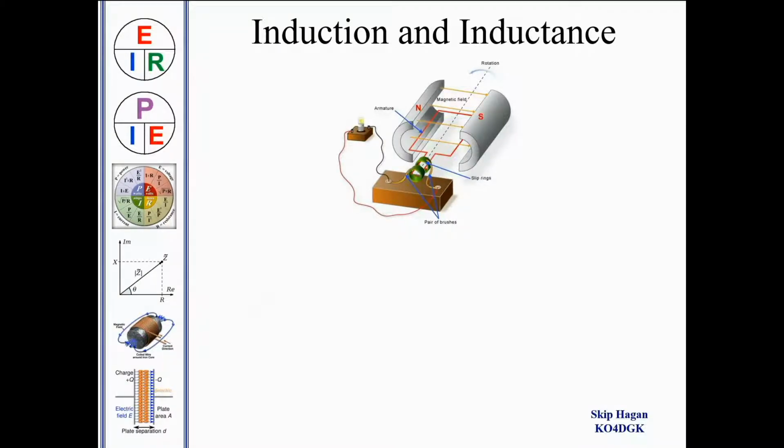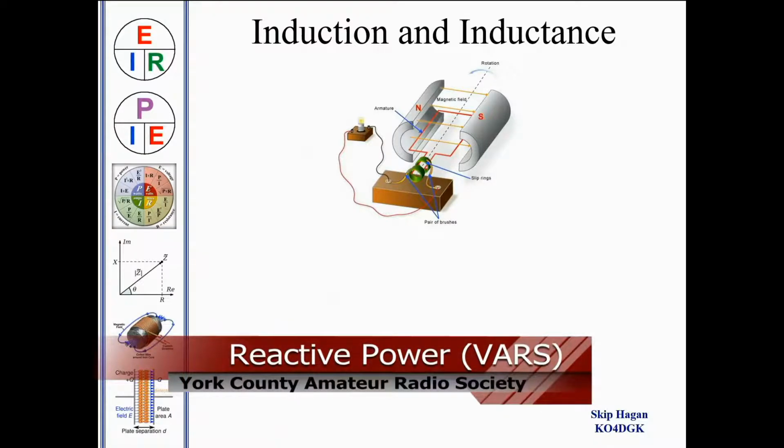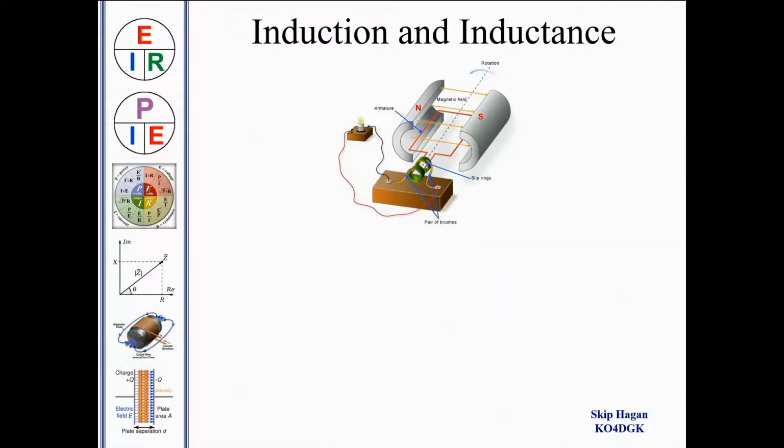So let's look at induction and inductance. Here we have an example of a simple electric generator. Now, this generator consists of a winding, in this case a single loop of wire, suspended between the two poles of a permanent magnet.